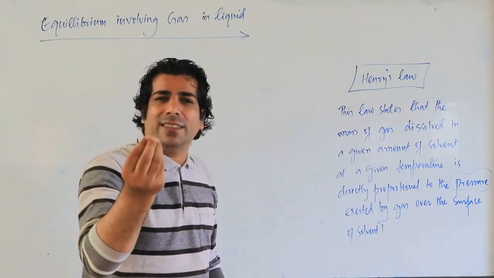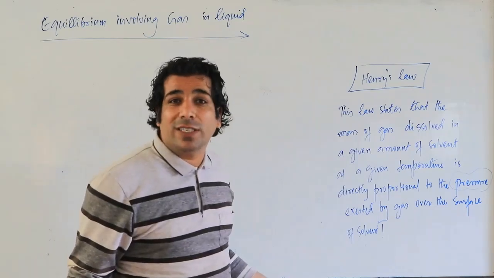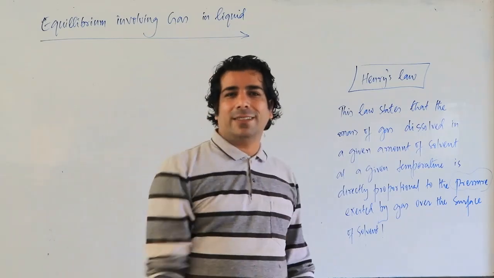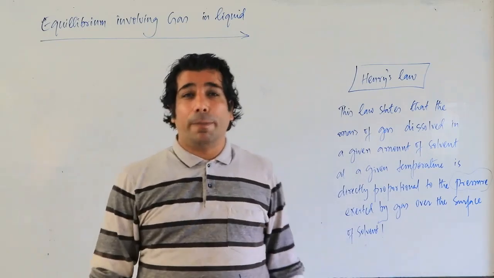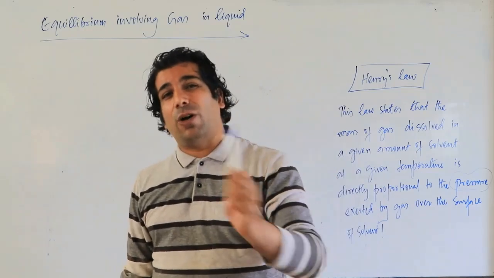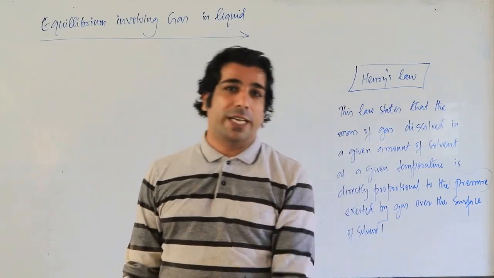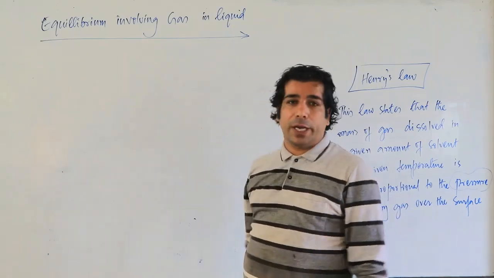If gas will exert less pressure on the surface of water, less gas will dissolve in water. So dissolution of gas in liquid or in water depends upon the pressure exerted by the gas over the surface of that particular liquid, my dear friends. Please remember that.